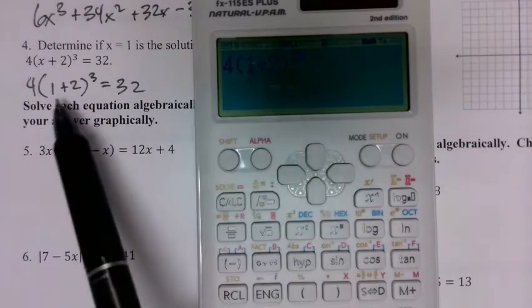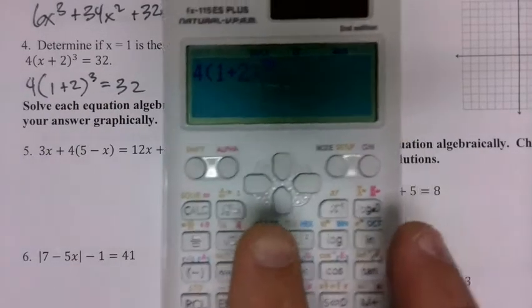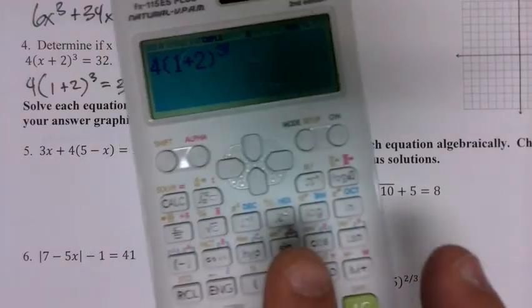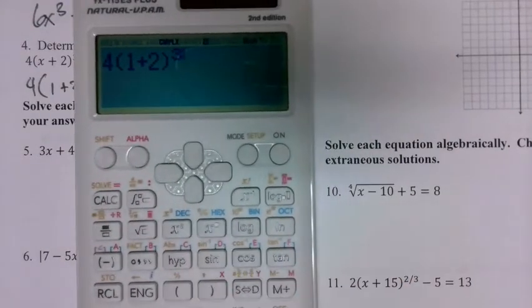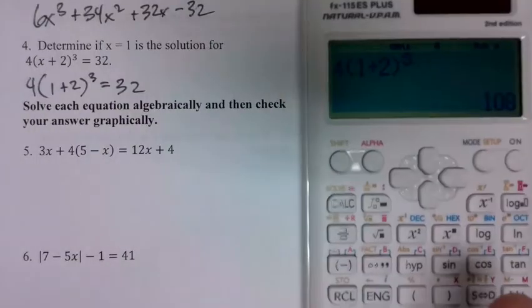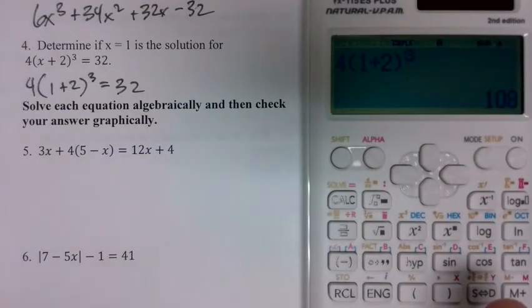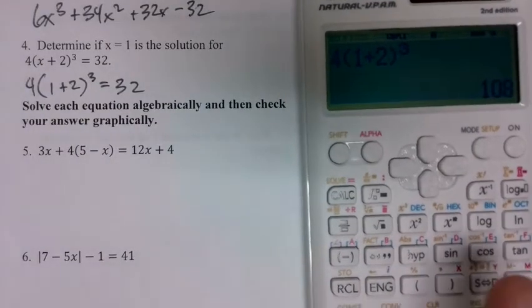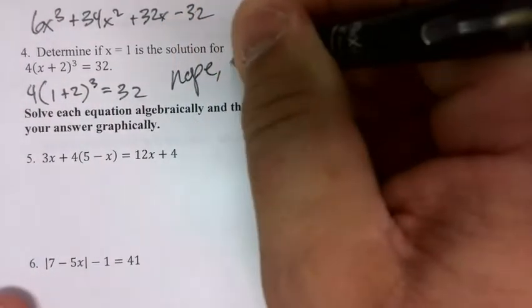That looks like that, right? If I hit equals, I should get 32, right? If it's true. Equals, and I get 108. So you know what? It ain't true. So I would say, nope, not true.